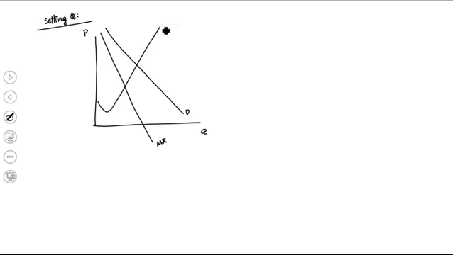Now we're going to put in our marginal cost curve. And do we agree, guys, that marginal revenue is the marginal benefit of producing and selling another unit?